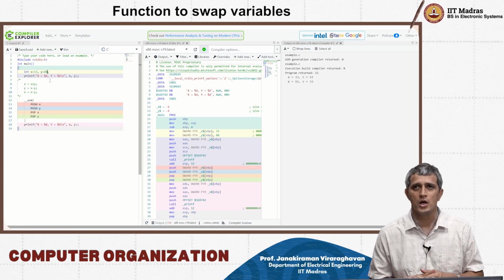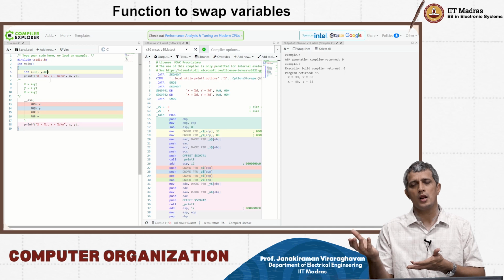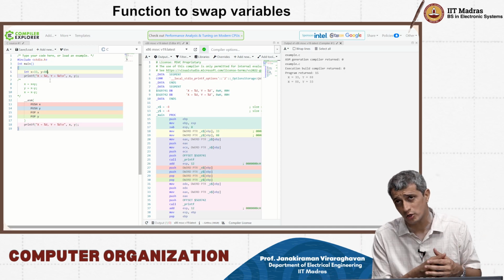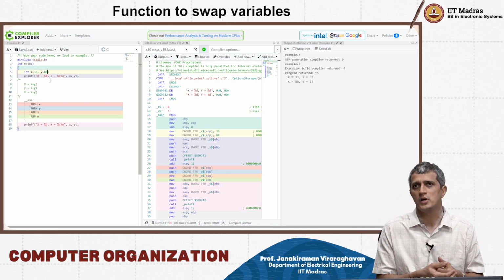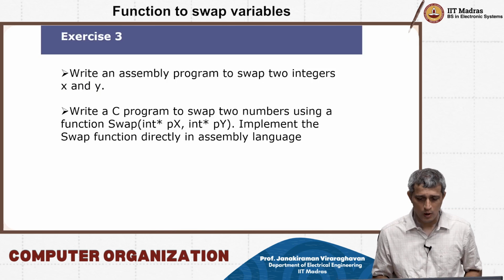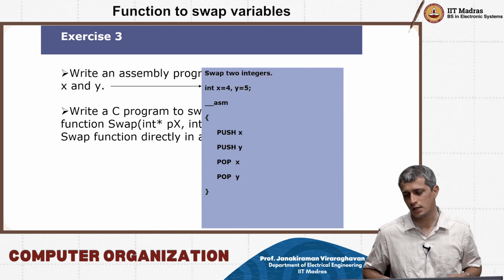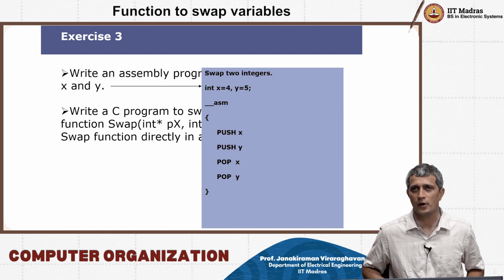Like I told you, push and pop simply push in one order and you pop in the opposite order, because it's a last in first out stack operation. So this is a very straightforward program that we wanted to write.